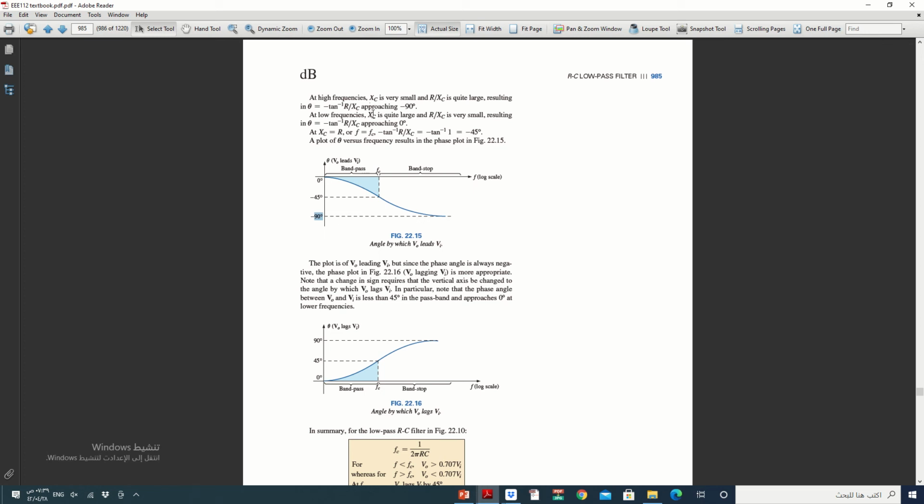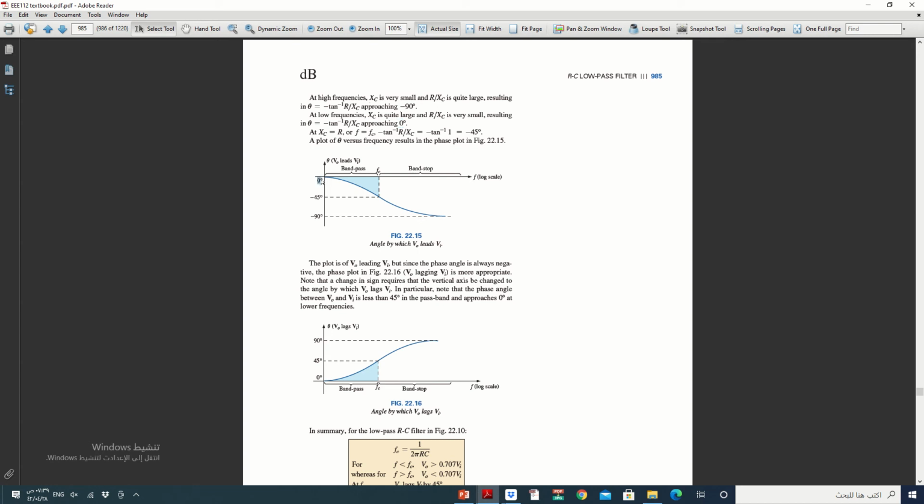In the opposite, if we put xc in a large quantity, you will get a very small r over xc, and now if you substitute in minus tan inverse r over xc, you will reach 0.